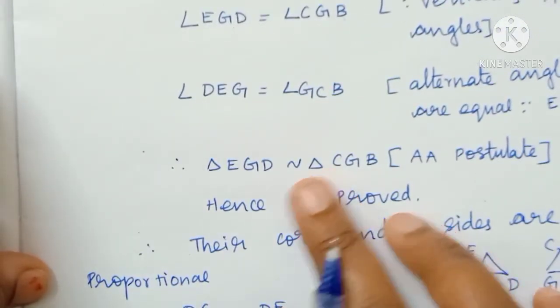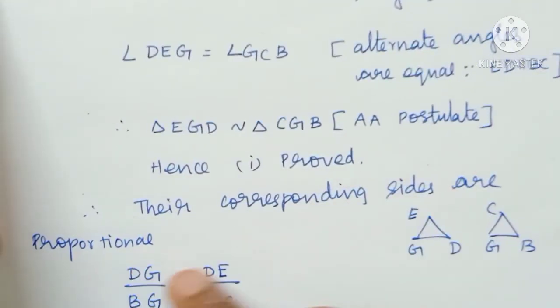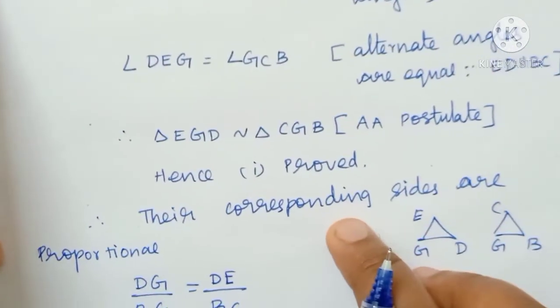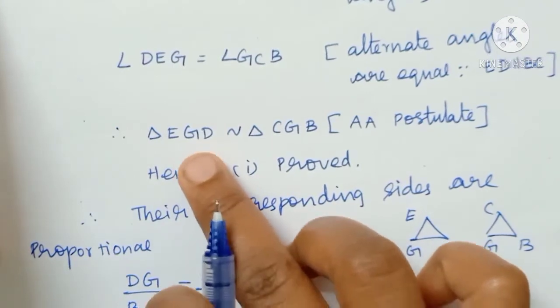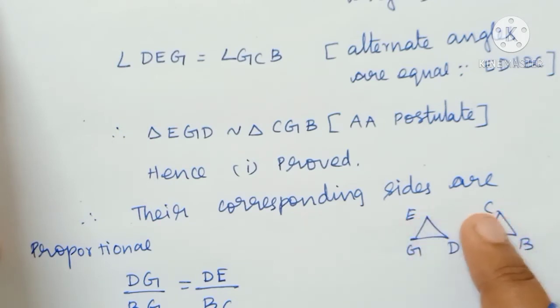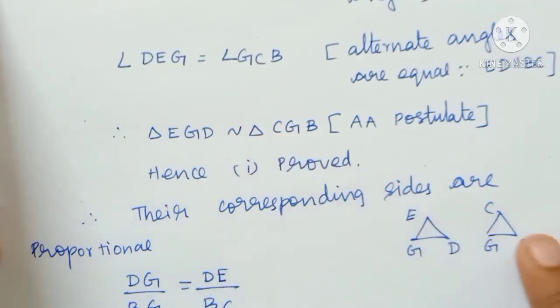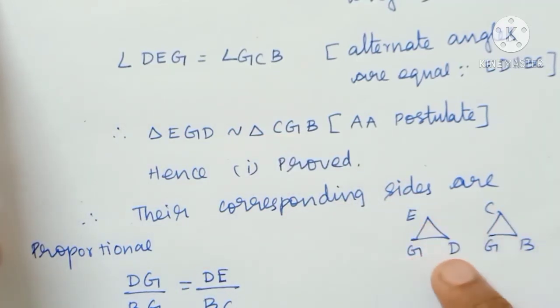Once the two triangles are similar, their corresponding sides are proportional. For identifying corresponding sides you have to draw a rough sketch. So EGD, and the same way CGB, the vertices should correspond. If you put E first, the first vertex should be placed there only. So C, G, B; EGD, CGB.